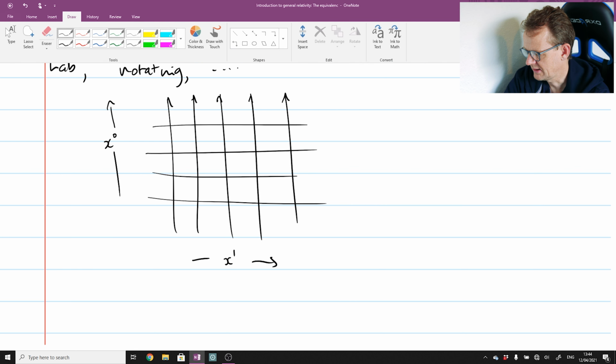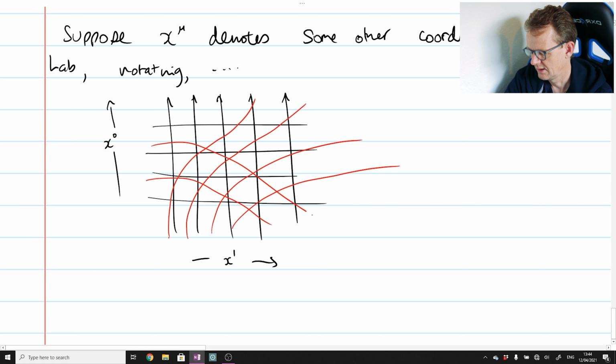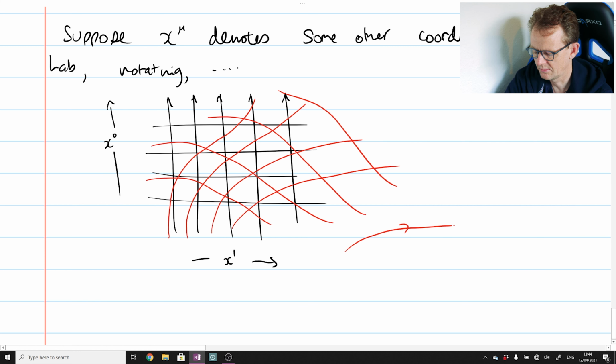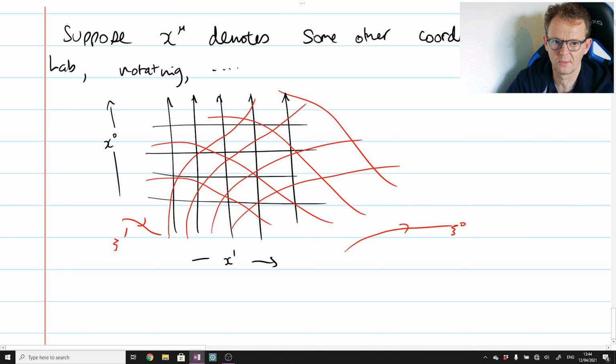With respect to these new coordinates, the old coordinates all look distorted, don't they? Maybe we're rotating, who knows. Here are the old coordinates. This axis here might be psi0 in the old coordinates, and this one along here might be psi1. So we have two coordinate systems, one describing one reference frame, one describing the other.